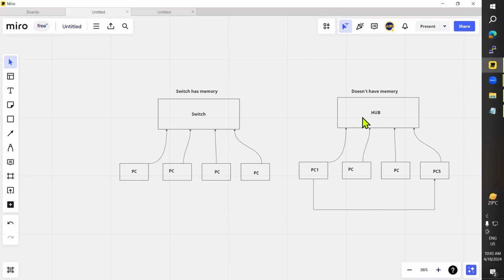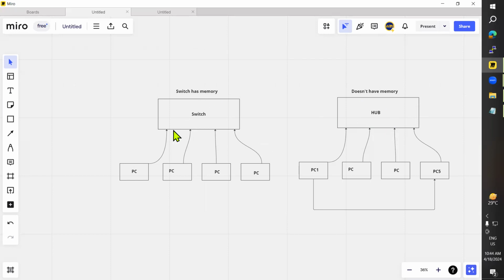The hub checks with each PC in the network, because the hub doesn't know where PC5 is. So it takes PC1's request and checks with each computer in the network. Hence the network is slow.